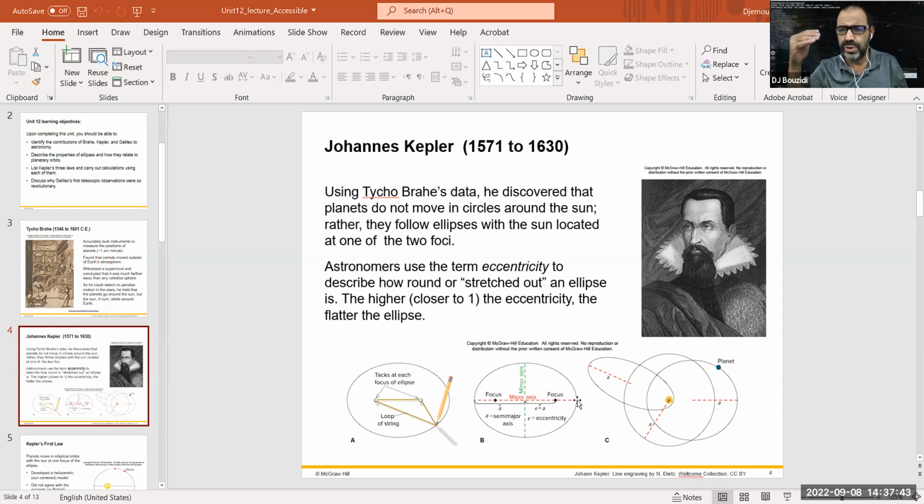In other words, the ratio of that distance over the other distance is exactly 1. So 1 is the maximum. Actually, an eccentricity of 1 doesn't make sense for planetary motion, because that means the planet or object would fall right through the sun.